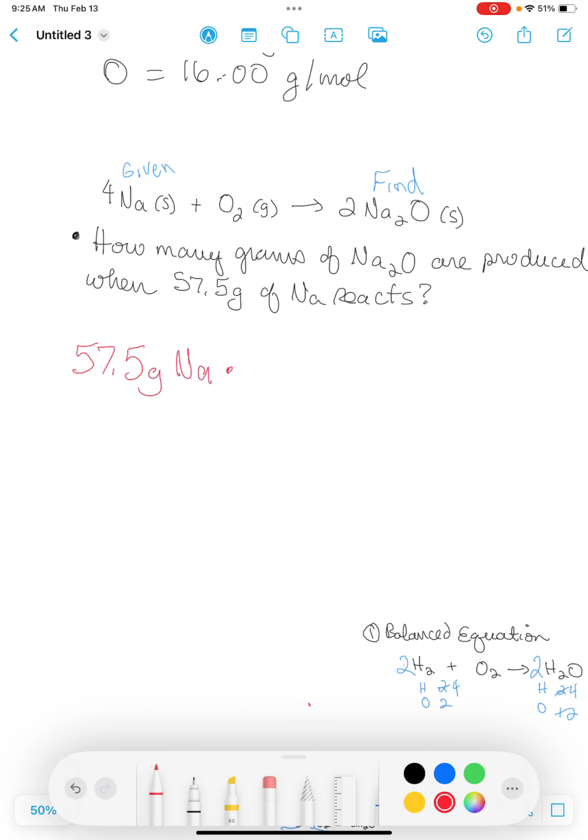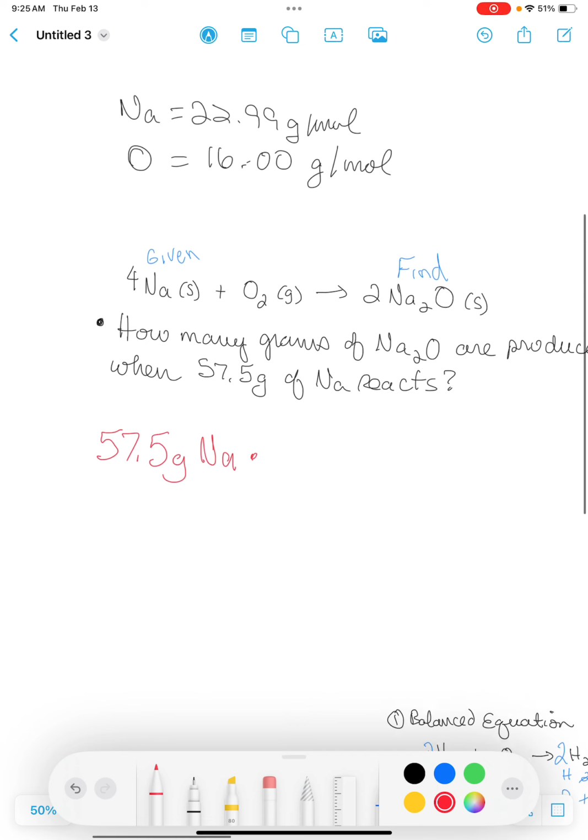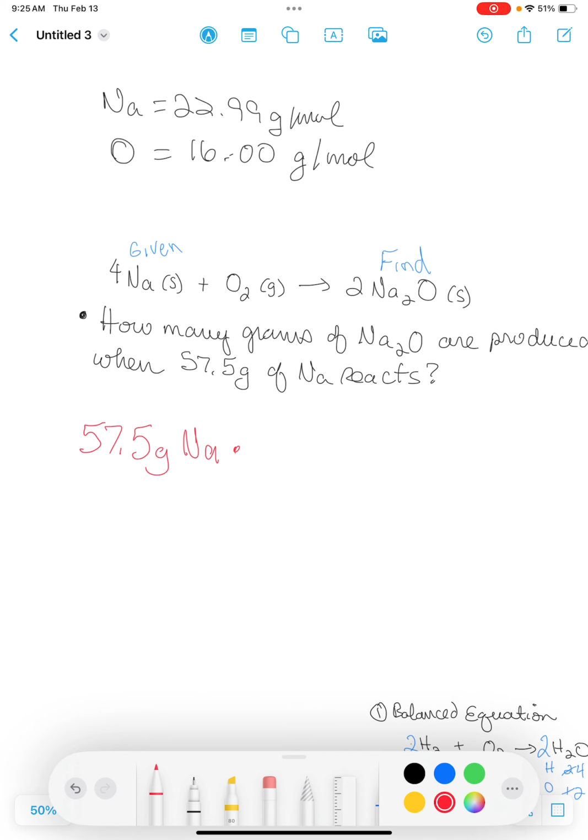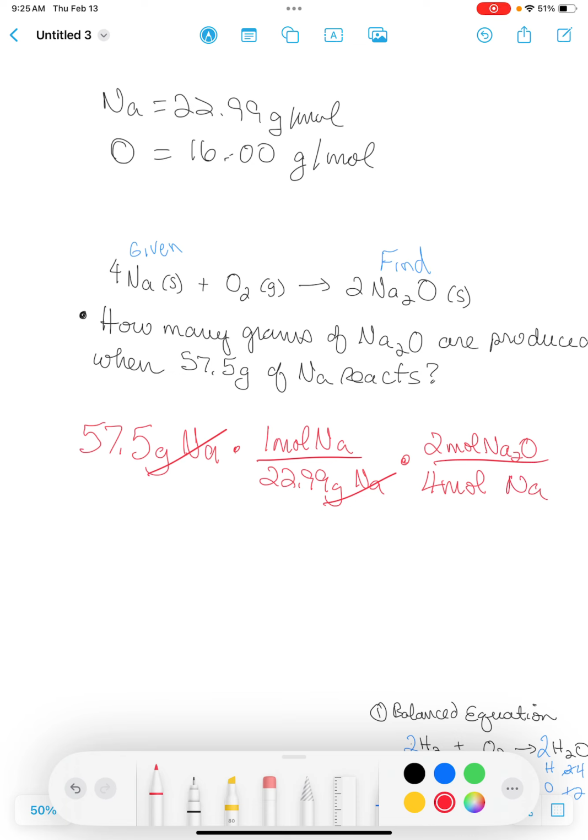I need to divide that by the molar mass of Na, which is 22.99 grams per mole, so 1 mole Na over 22.99 grams of Na. And then my mole ratio, what I'm trying to find: 2 moles Na2O over, nope, over 4 moles of Na, sorry. Right, it's 2 to 4.